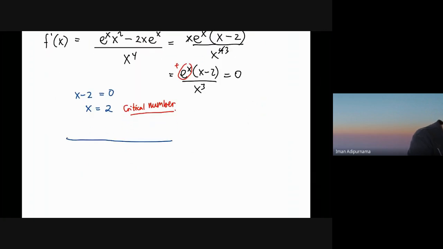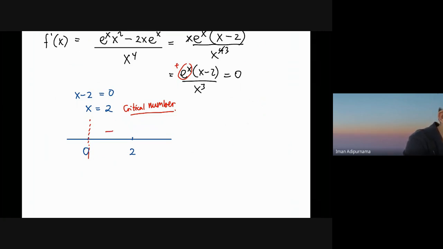And if we check using x equals 0 and x equals 2, because this is our vertical asymptote and this is probably our critical point, we can check. If we have 1, there will be a negative here.